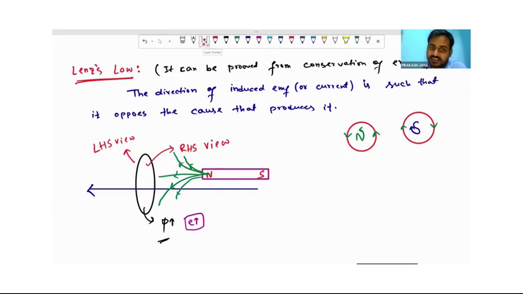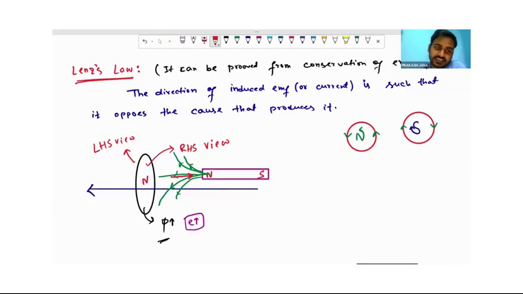So here the north pole of the magnet is coming. So in the coil, a north pole should be induced, so that the north pole of the coil will repel the north pole of the magnet.